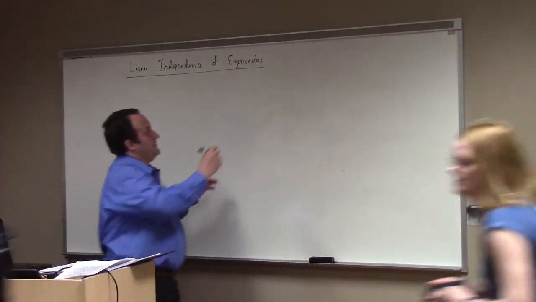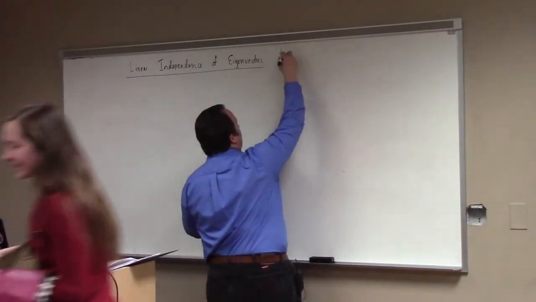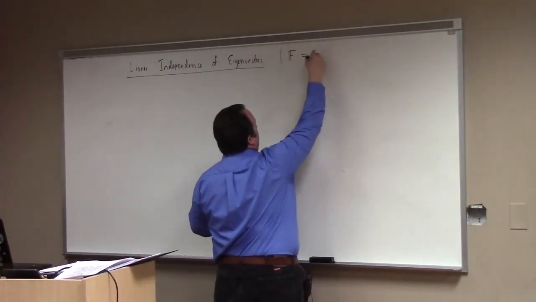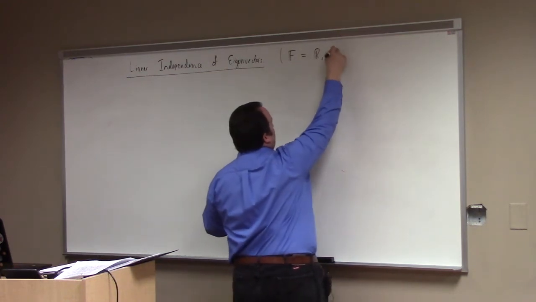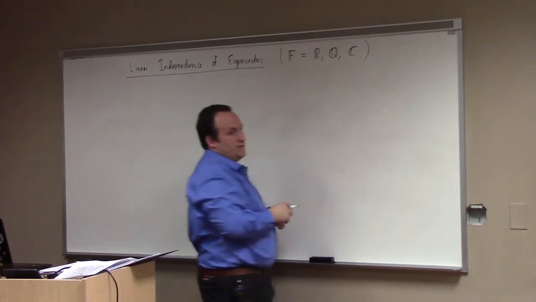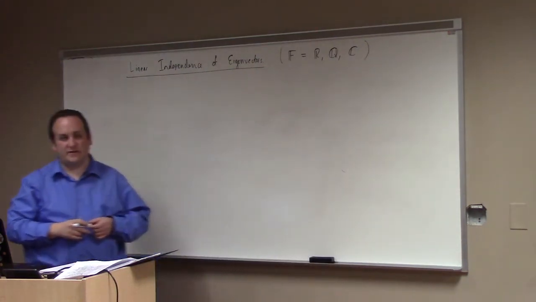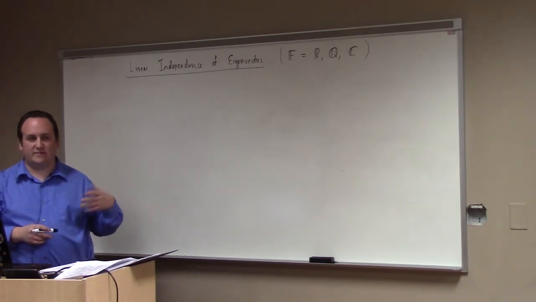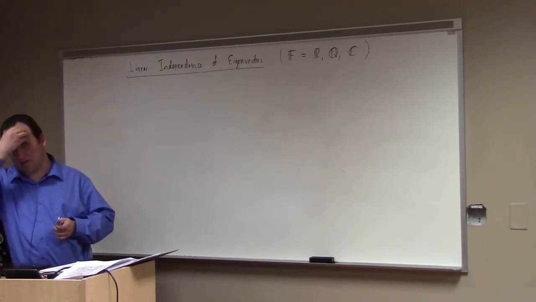Now, I will tell you this. I'm really thinking about the field being the reals or the rationals or the complexes today. For the most part, actually, I'm thinking about the field being the reals. And some of what I'm about to say equally well applies to a finite field.